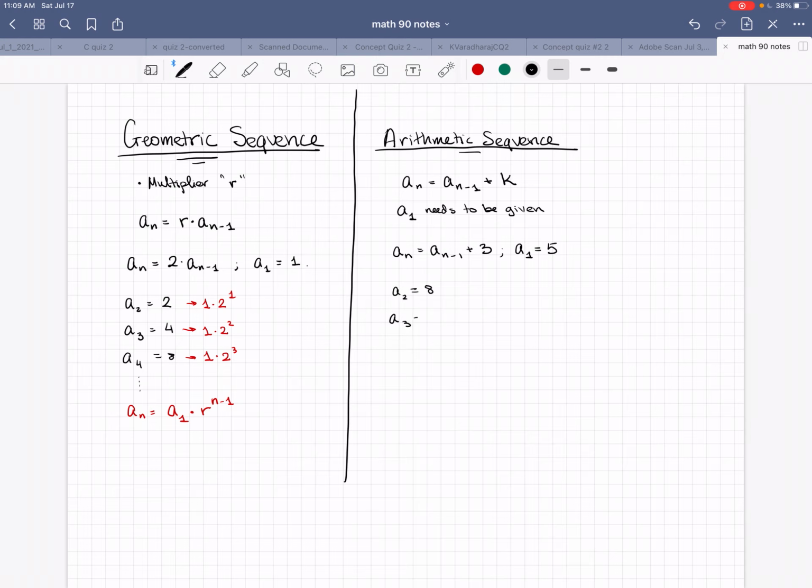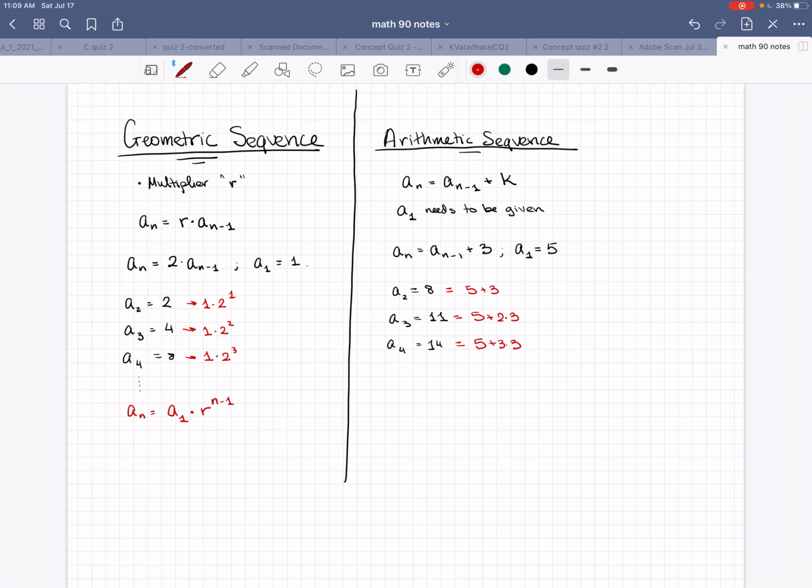A sub 3 would be 11. A sub 4 would be 14, and so on. So I want you to notice something, just like we talked about with the geometric sequence. 8 is 5 plus 3. 11 is 5 plus 2 times 3. 14 is 5 plus 3 times 3.